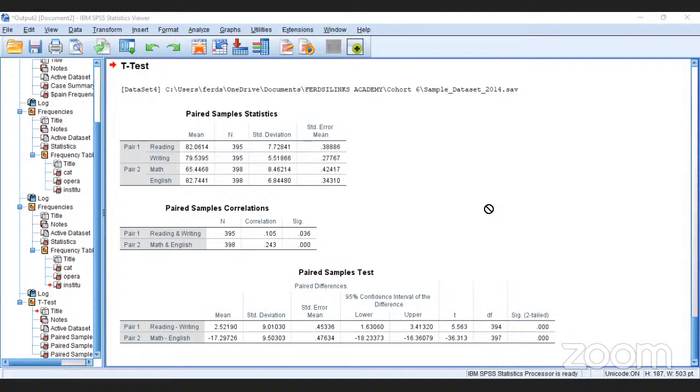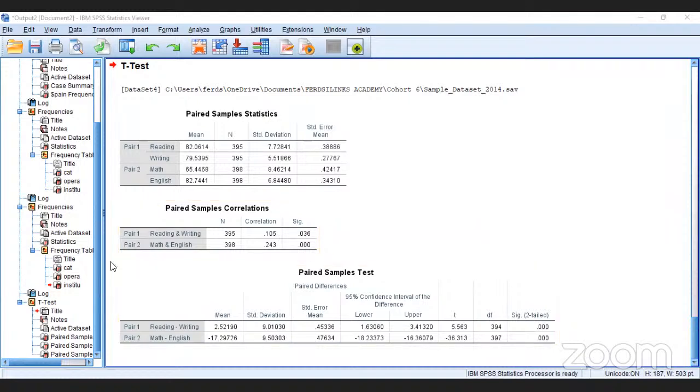Since we're dealing with related measures, our interest is, are the two variables related? And that's why we have the correlation. We'll talk about correlation maybe in tomorrow's class. Correlation establishes the relationship between two variables. So we'll discuss more on correlation tomorrow.